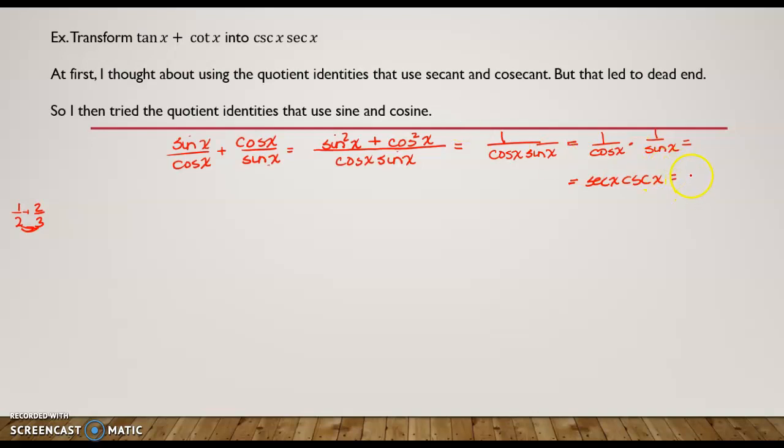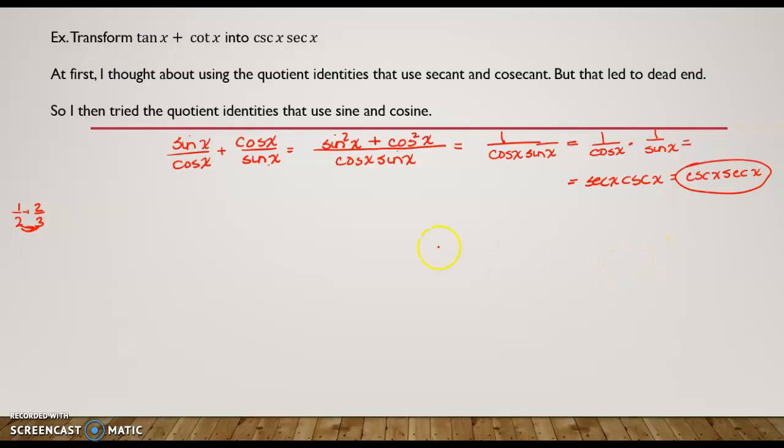So if I flip that around, it's going to be identical to what we have up there. Cosecant x, secant x. And that is all you've got to do on here. Just take one thing and turn it into something else. And that is your trig identities.